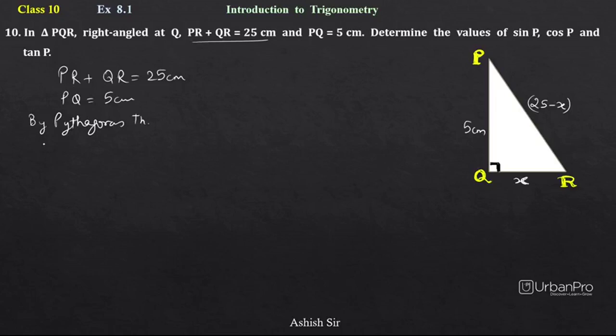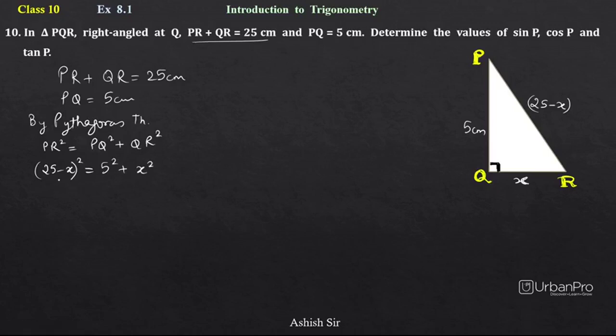We know that hypotenuse square will be equal to perpendicular square plus base square. That means (25 minus X) square will be equal to 5 square plus X square.